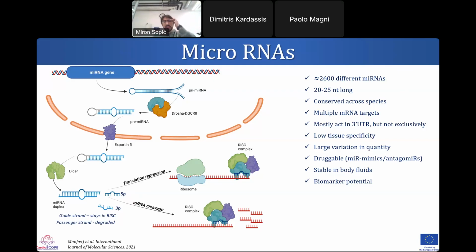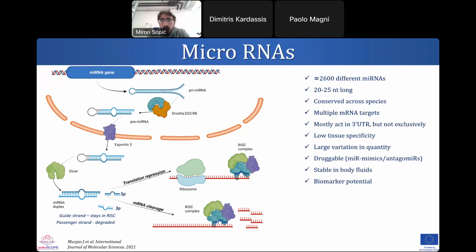And there is a limited number of microRNAs in comparison to, again, mRNAs. As I mentioned earlier, there are around 20,000 coding genes, and here we have only 2,600 microRNAs, again, only quote-unquote.